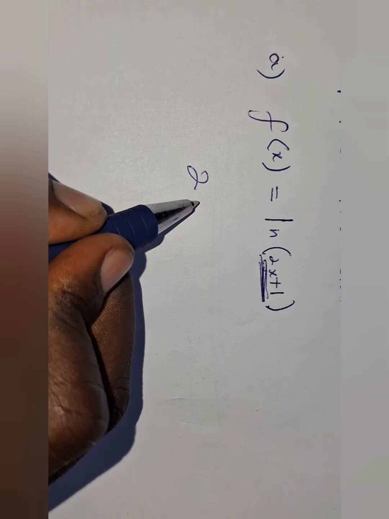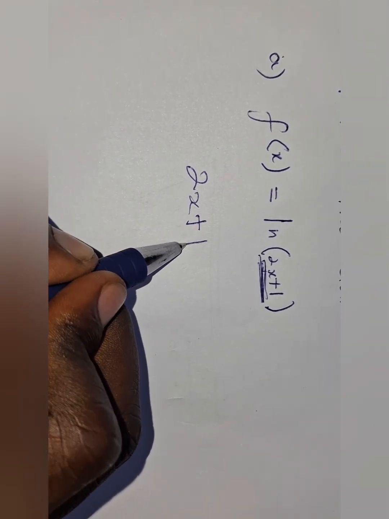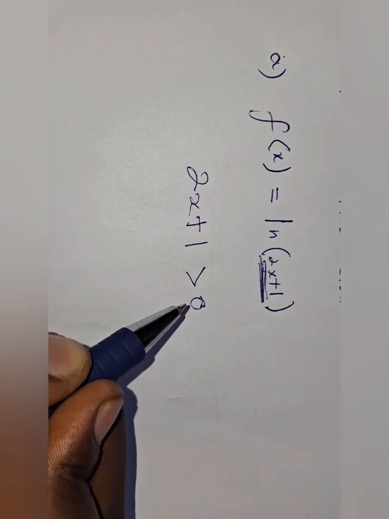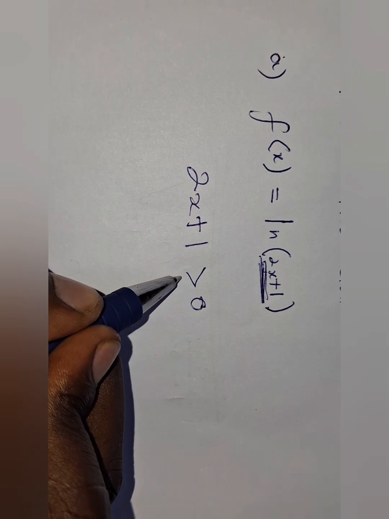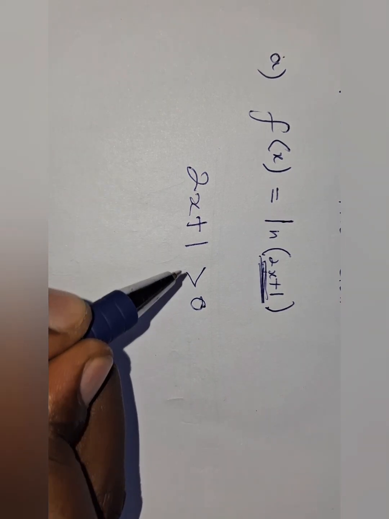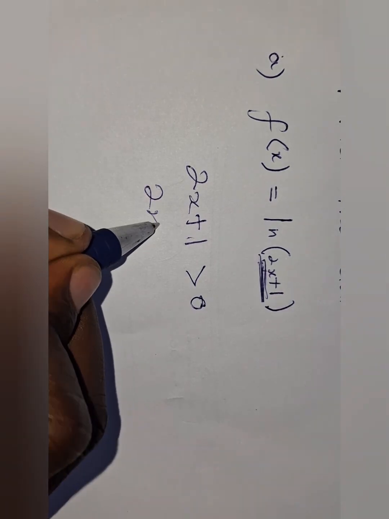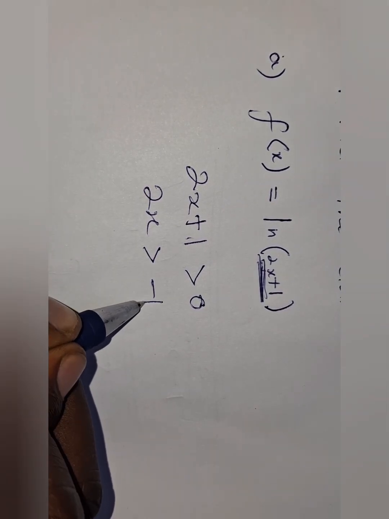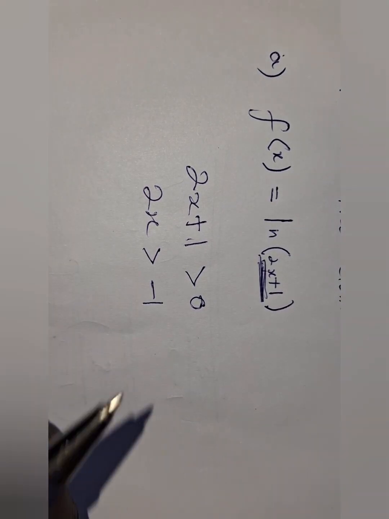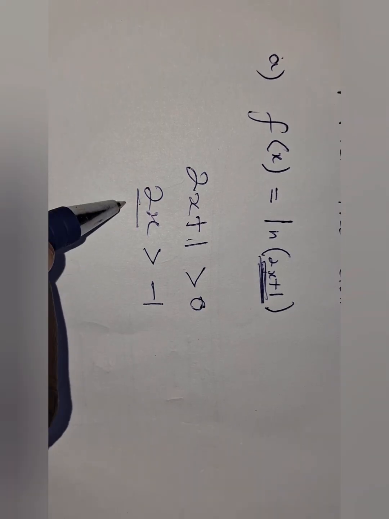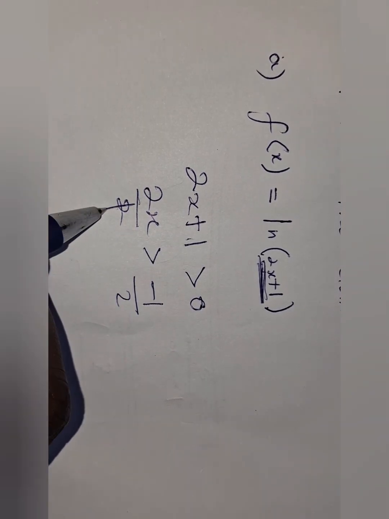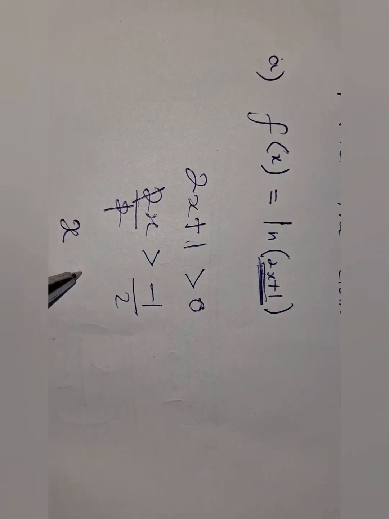So we take the input 2x plus 1 is greater than 0, and if we solve it, it gives us the domain. This 1 goes to the other side. We are left with 2x is greater than negative 1. The next step is we divide both sides by 2. 2 cancels 2, and now we have x is greater than negative a half.